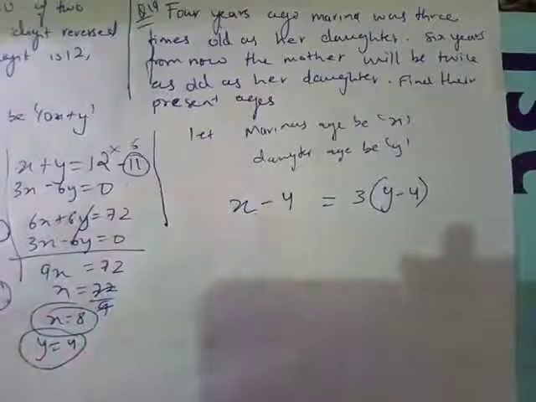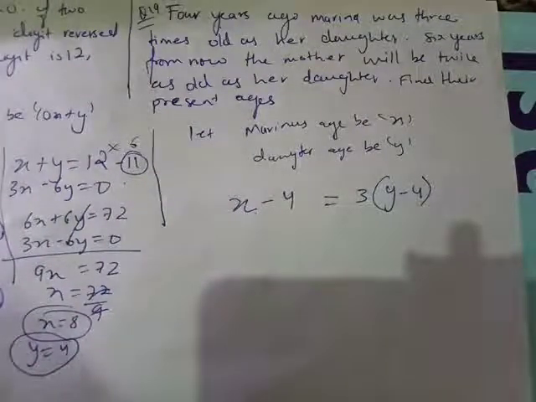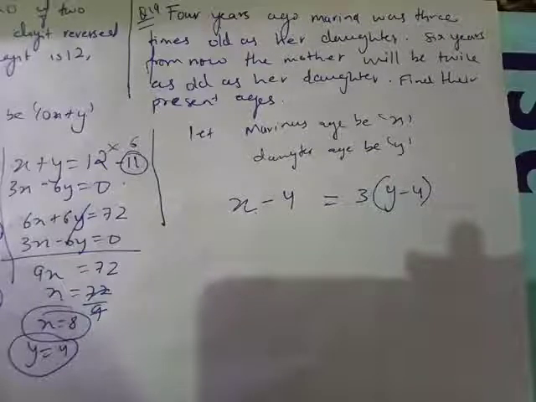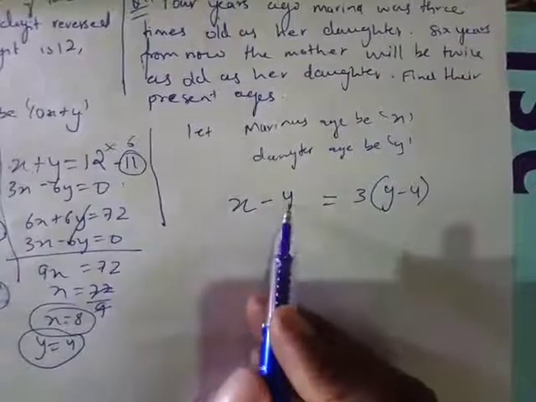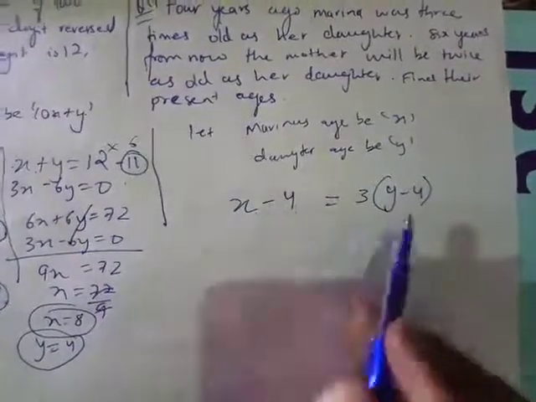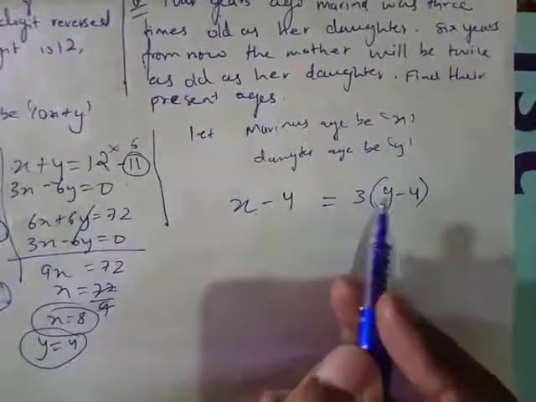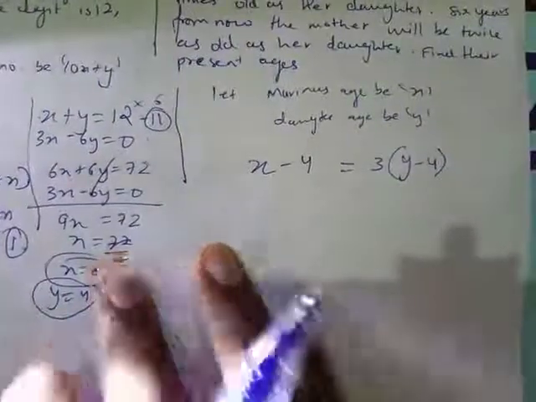Let me read the first line again: 4 years ago Marina was 3 times as old as her daughter. How do we go 4 years back? Minus 4 in both the ages, and then Marina was 3 times her daughter's age.